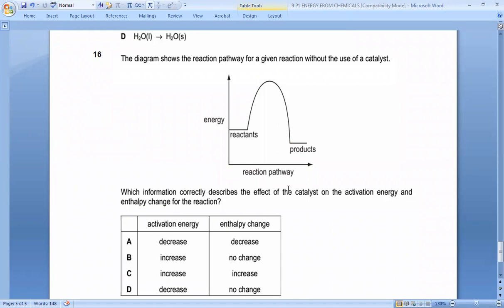When we add catalyst in the reaction, activation energy should be decreased. So question number 16, option D is correct. No change in the enthalpy of reaction, delta H cannot be changed. How? For example, here is an equation.